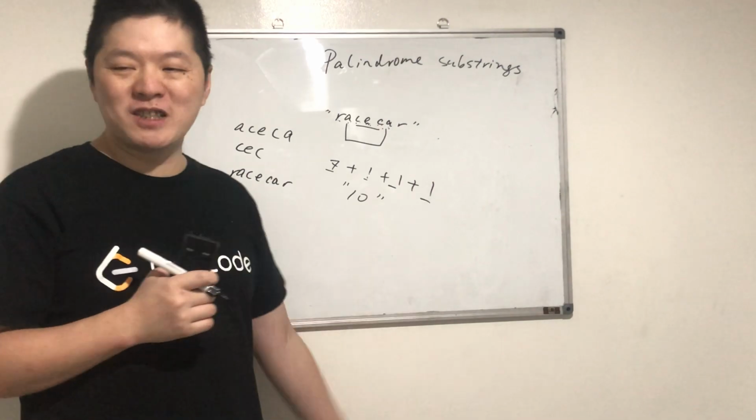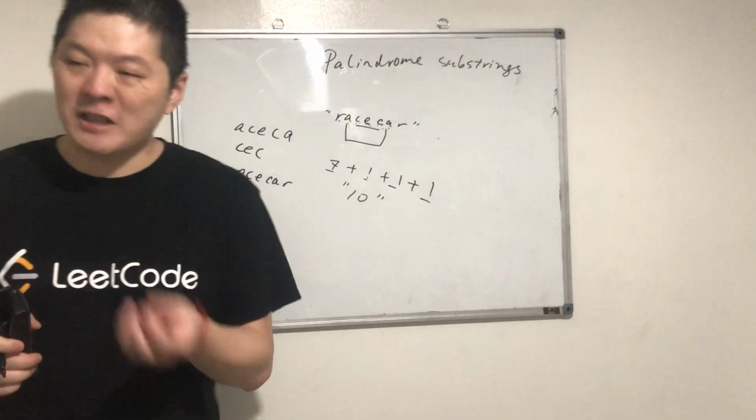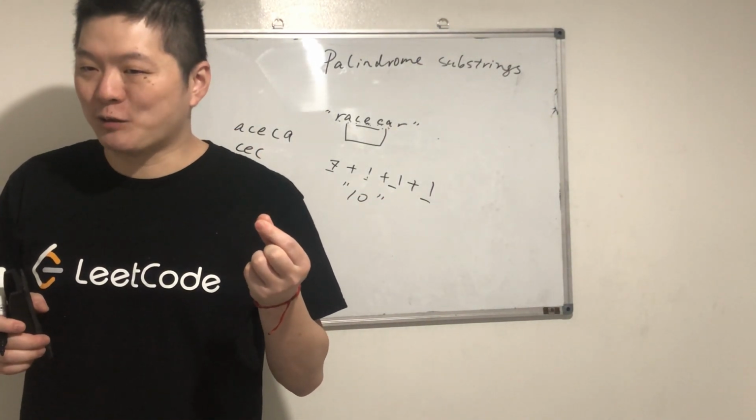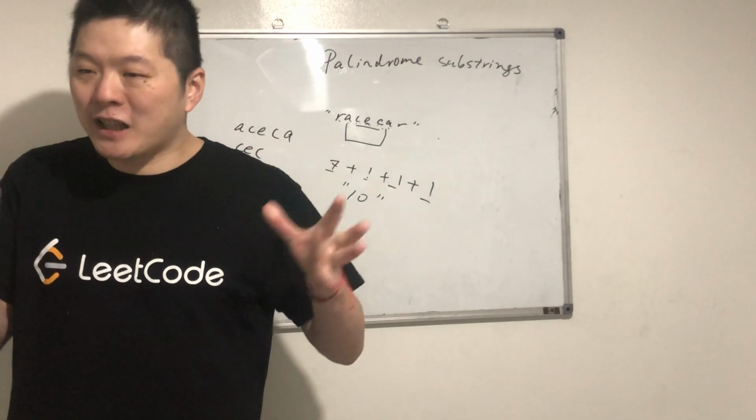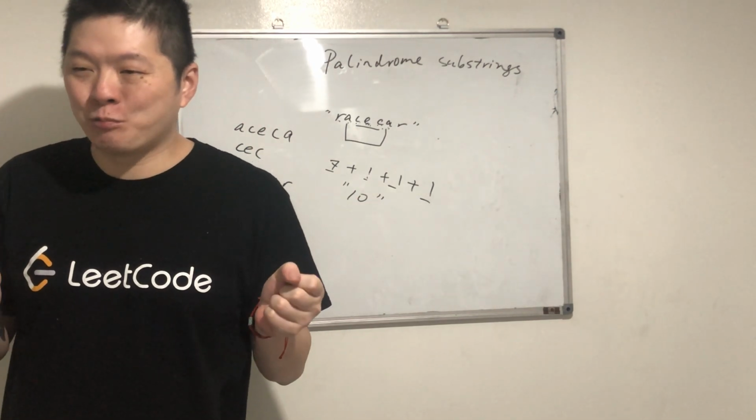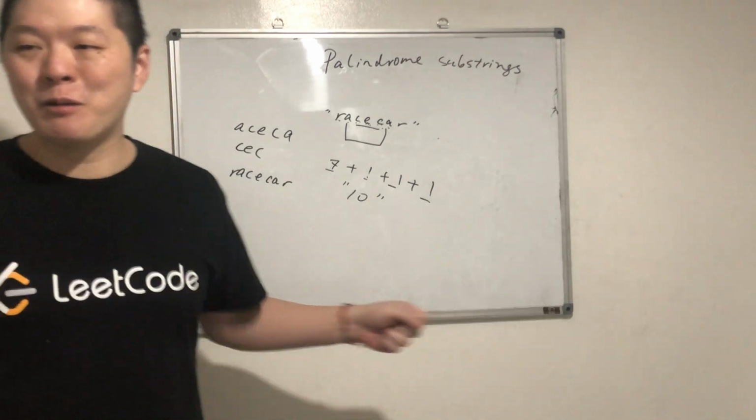No, it might not work for some strings. The first algorithm you need to think of is the most naive way, which is brute force. So how can we brute force?